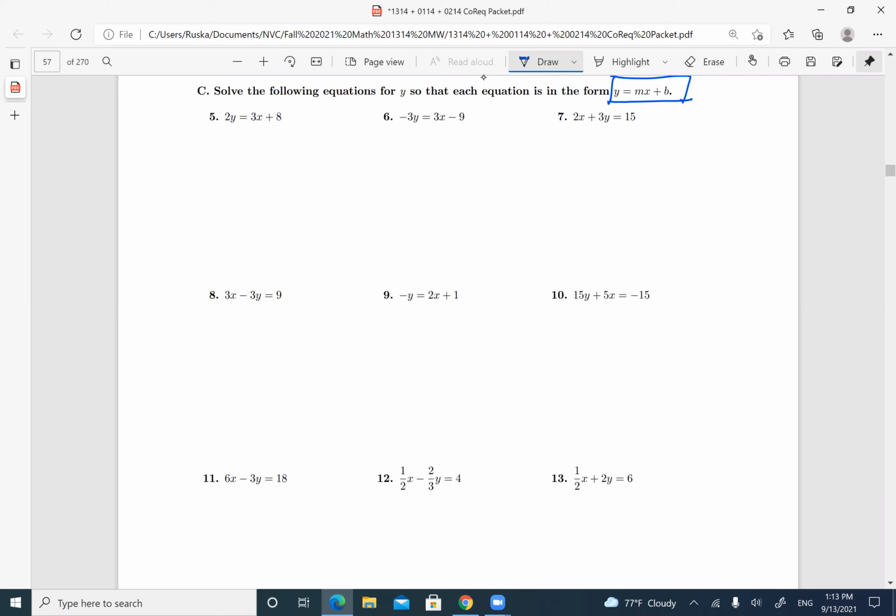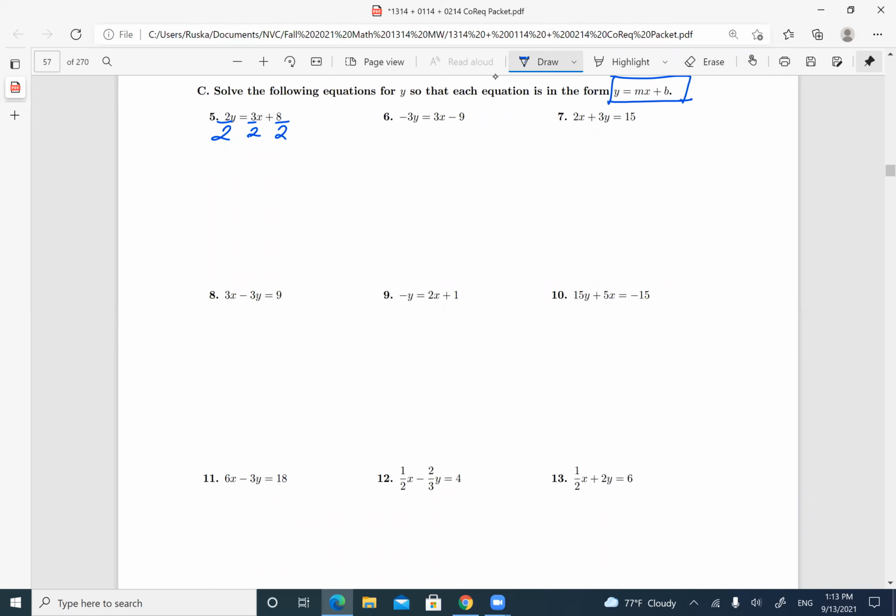So how are you going to solve for y? The way you solve any equation. If you start with number 5, in order to solve, I'm going to divide by 2. And when you divide by 2, you divide each term by 2. I'm doing it individually because it's easier to simplify.